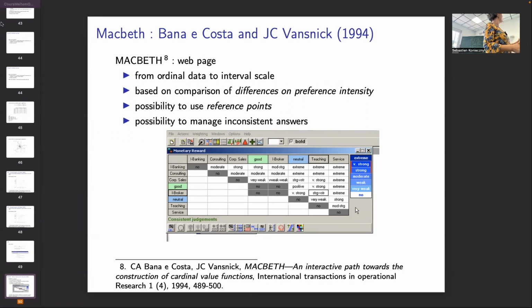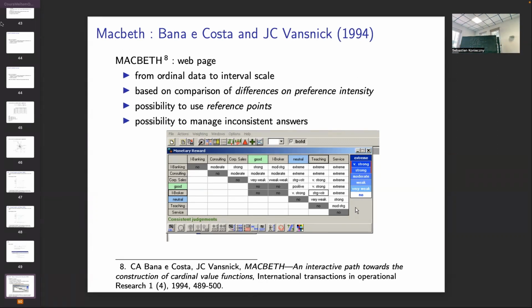If you go to their web page, you have the software, and they have a tutorial with a video explaining how to use it, and it's a very, very good one. Why? Because they are asking questions not to compare two objects, but they ask questions in an ordinal way about the difference of preference intensities, which means that they start by getting ordinal data.